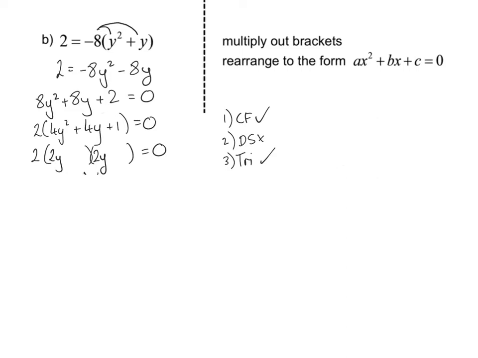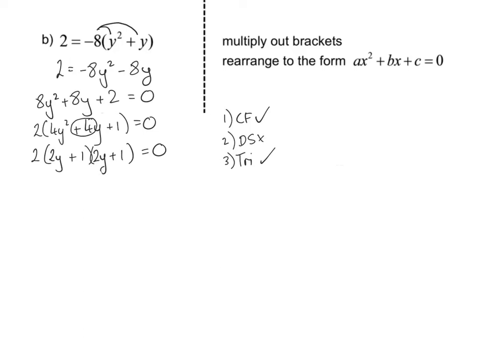Now there is only one factor pair of 1, so it's got to be 1 and 1, and my inner product therefore is 2y, my outer product is 2y, and there we can check that our inner and outer products do have a sum of 4y. What we notice here is it's positive 4y is my target, so positive 2y plus another 2y, meaning both signs will be positive.